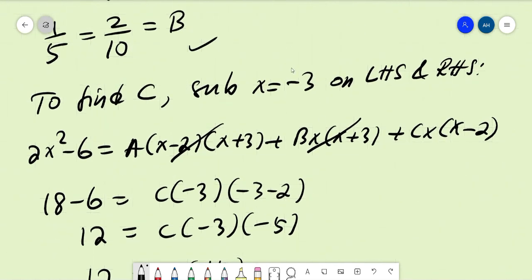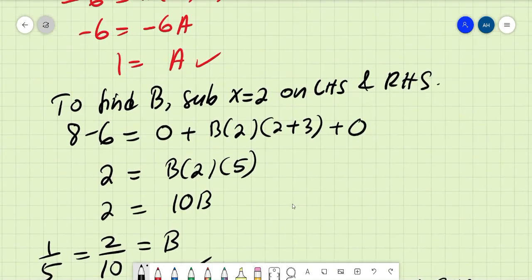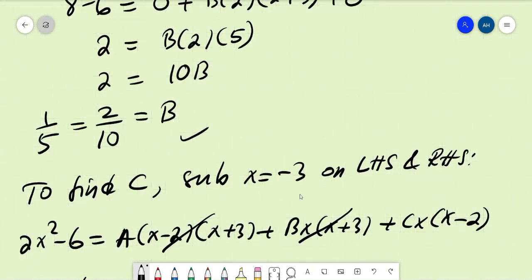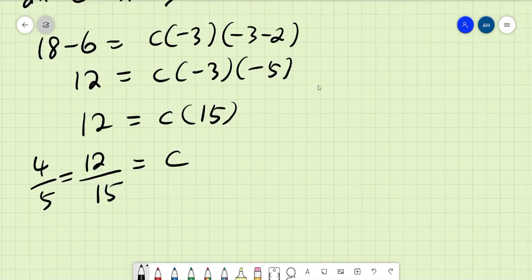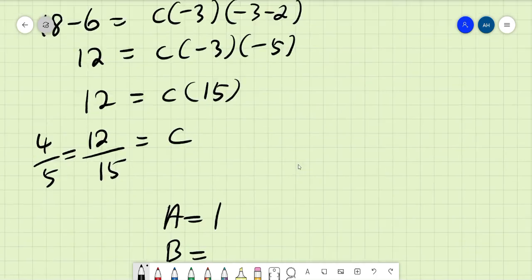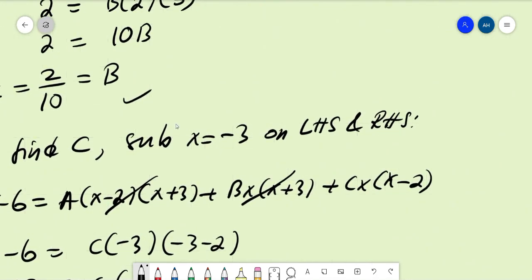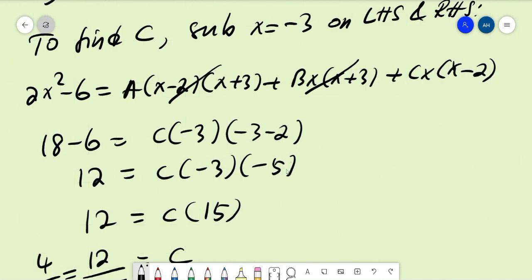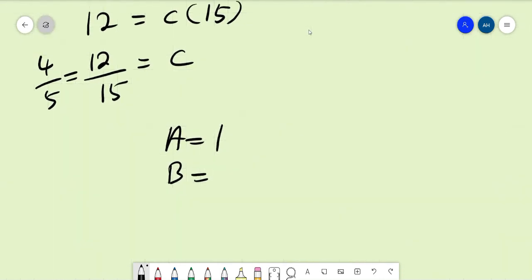And we already got everything that we need. So a equals 1. Let's write down our answer all together. We have a equals 1, b equals 1 over 5, and c we already got, 4 over 5.